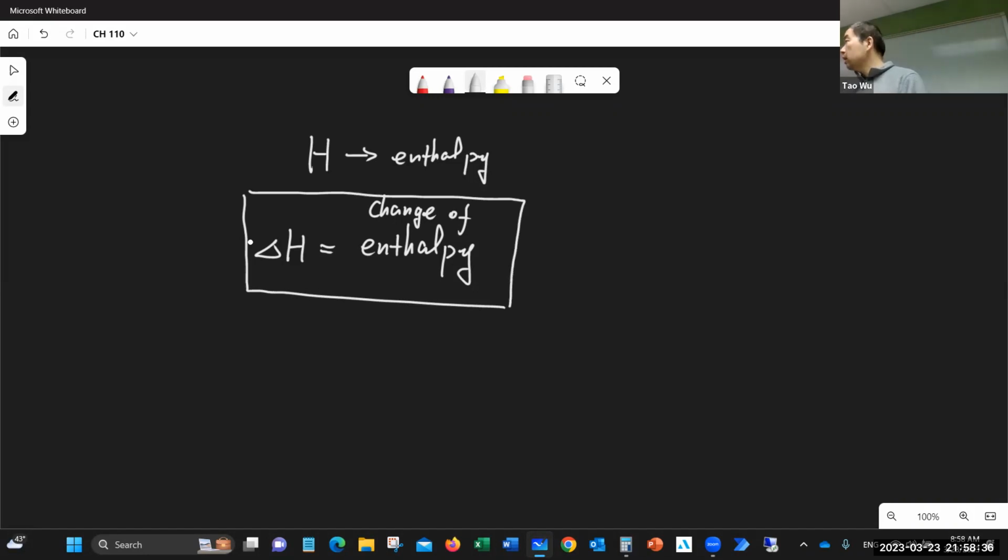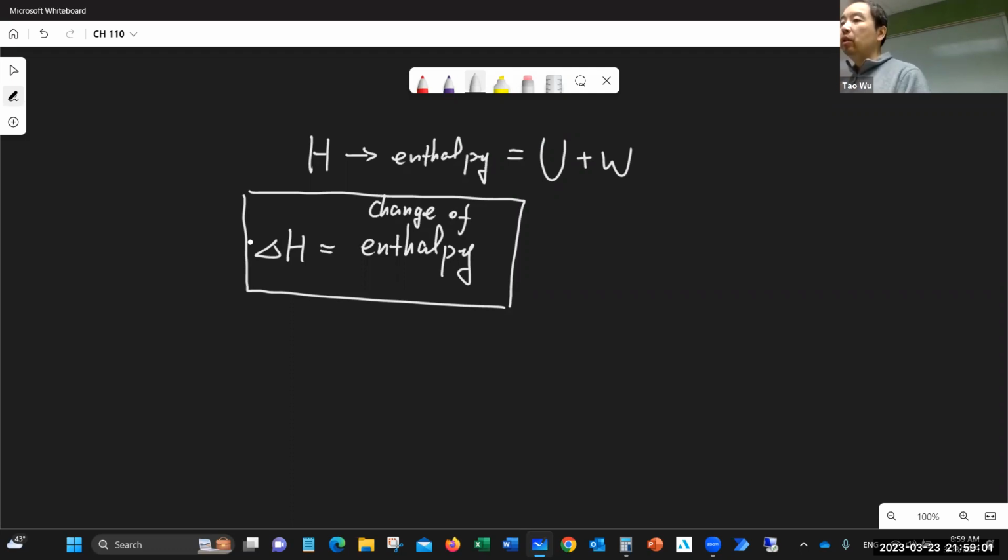The concept for the enthalpy is complicated. The enthalpy is talking about the internal energy plus the work. You don't have to worry about that because I'm not going to do any calculation about this.